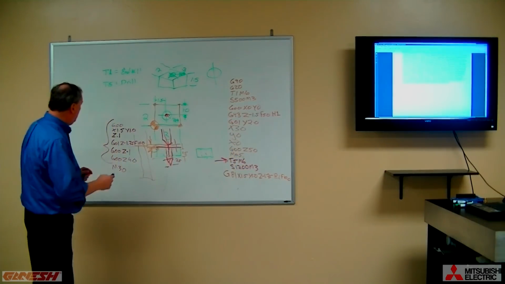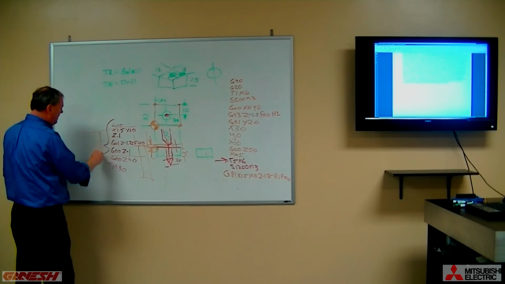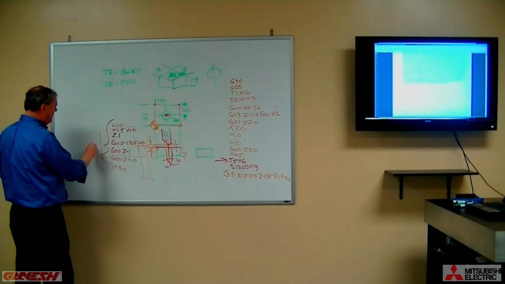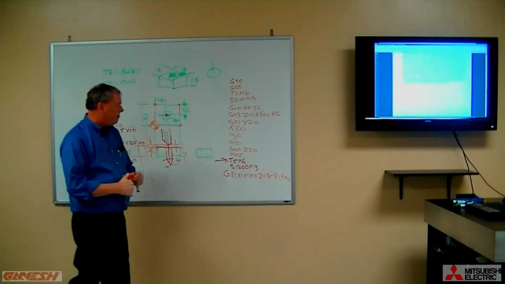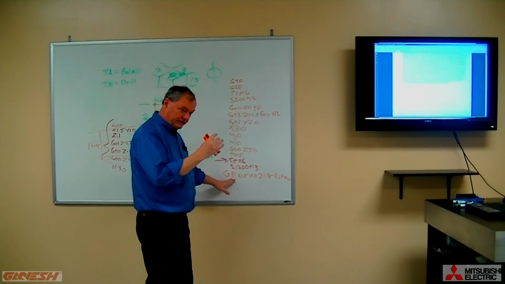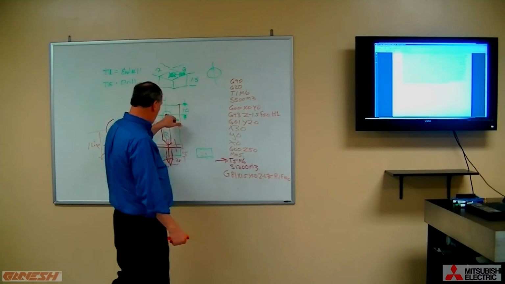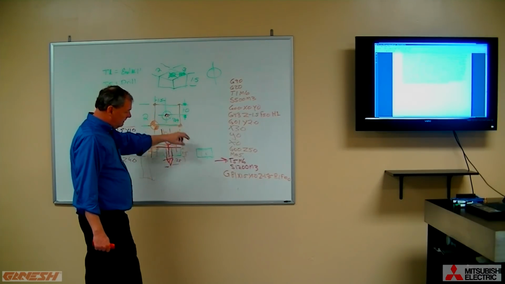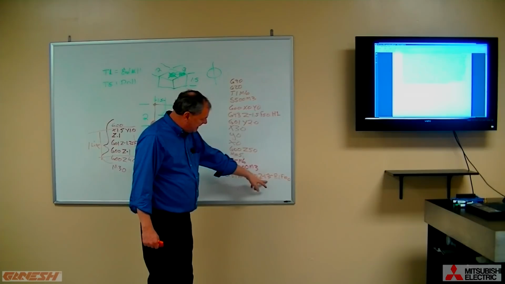So now, all of these moves from here to here have been combined into one line. So G81 says we're about to do drilling. We're going to do a hole at X1.5 and Y1.0. And then we're going to feed the Z. Our final depth is minus 1.75.